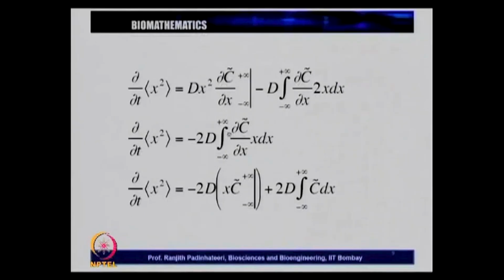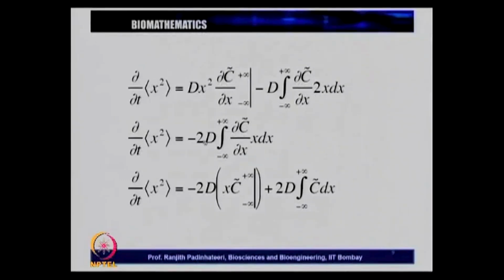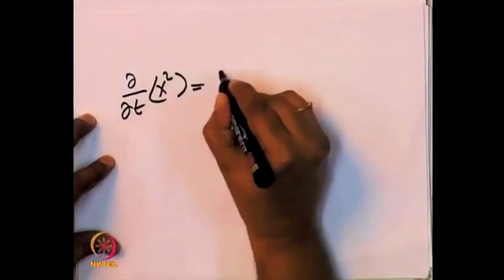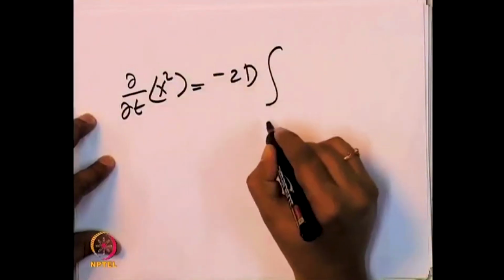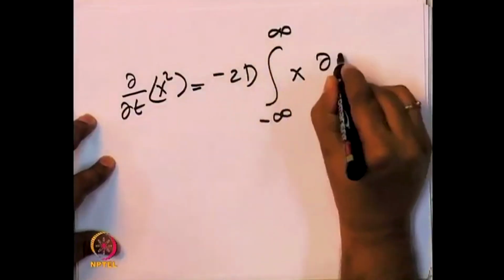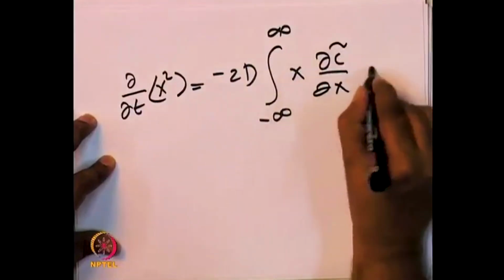So, now let us see what we have in hand. We have del by del t of x square average is minus 2D into integral minus infinity to infinity x del c tilde by del x dx.